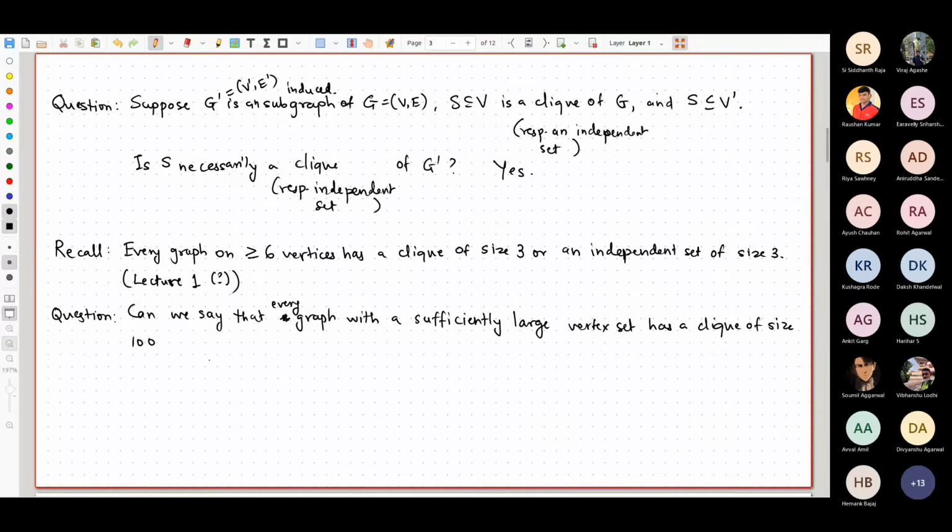I'm just putting some arbitrary numbers over here. Or an independent set of size 1000. Any guess? Yes, sir.